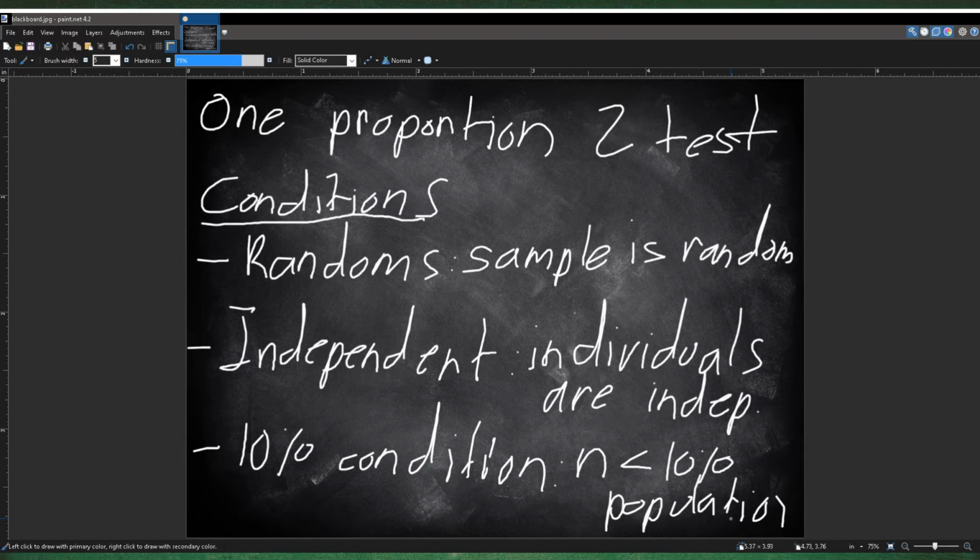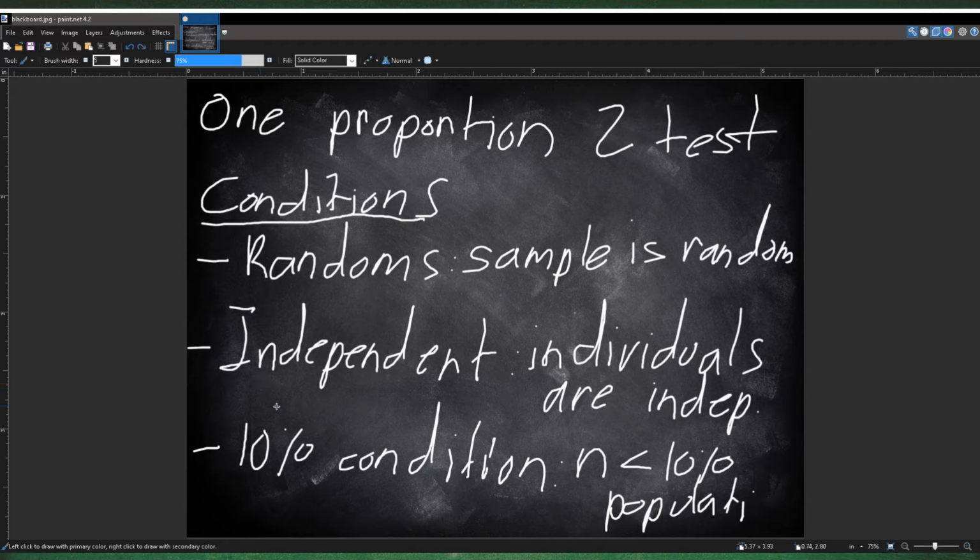You have to say that 50 is less than 10% of the entire high school. So there have to be more than 500 students in your high school, basically. So it has to be less than 10% for that condition.